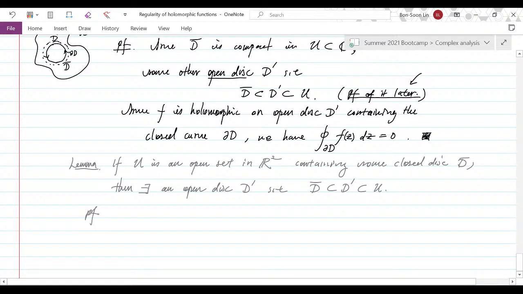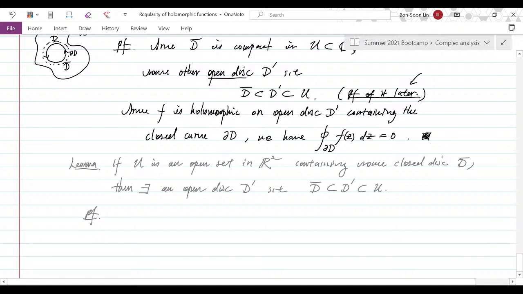Okay, how do we prove this? Well, several things. Let's say the closed disk has center some z naught. Because it's a closed disk, it's closed and bounded, and we're in R2, so by Heine-Borel, this is compact.